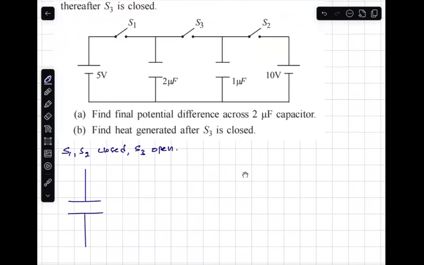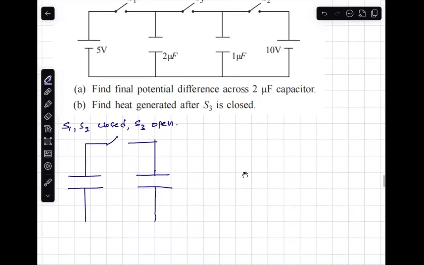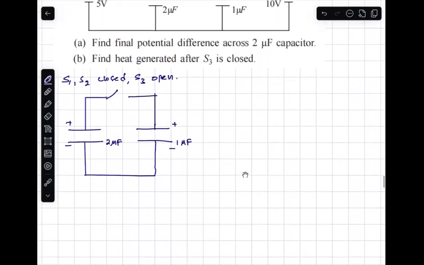Open, open, 2 microfarad, 1 microfarad, plus minus, plus minus. And this is a 5 volt, this is a 10 volt.